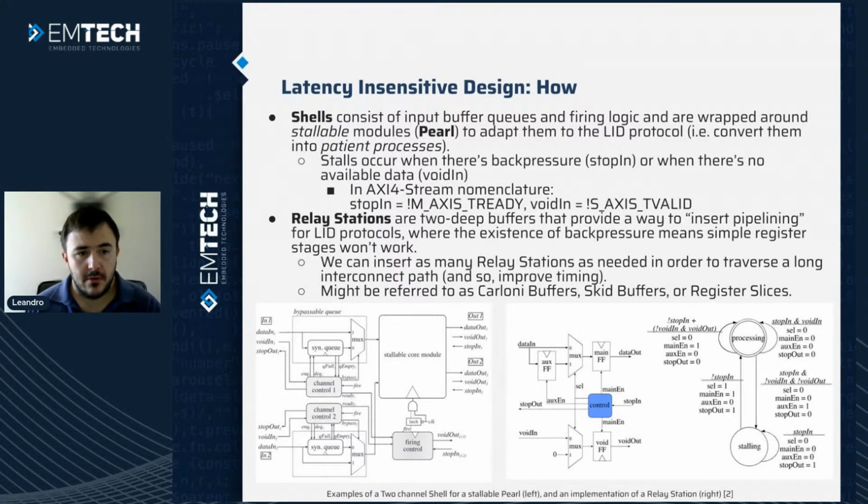The other very important module is what they call a relay station, which is pretty much a 2-deep buffer that presents a way for us to introduce some kind of pipelining along the interconnect data paths in these kinds of protocols. Because if you have to deal with back pressure, you will quickly realize that you cannot just register every signal because they're going in opposite directions.